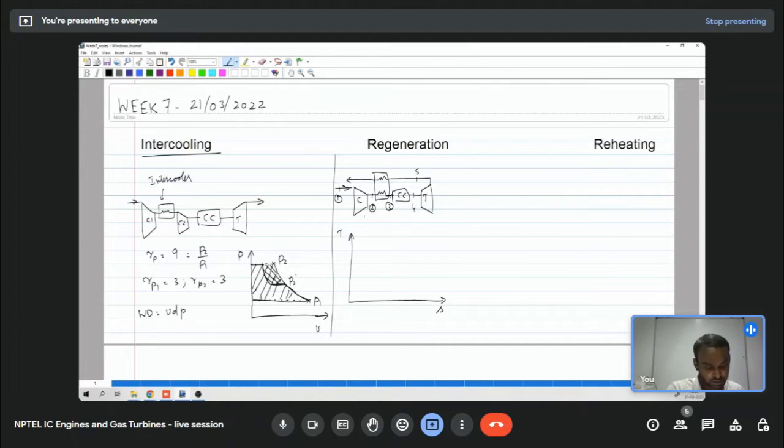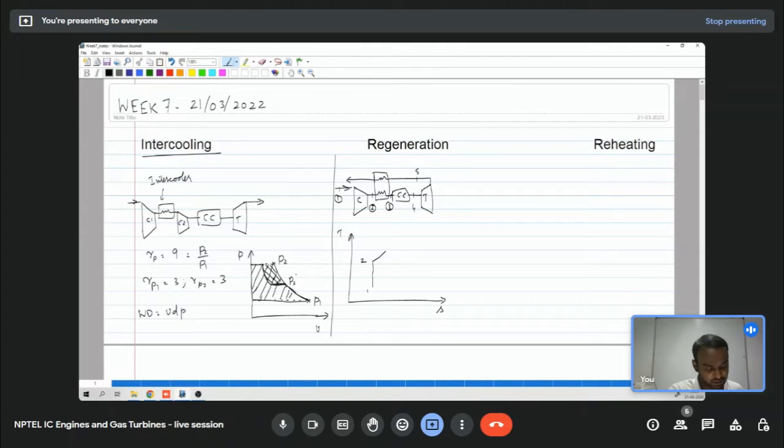First the compression 1 to 2 is an isentropic compression, so that will be represented by a vertical line 1 to 2, and then constant pressure heat addition is 2 to 3, which will increase the temperature and entropy like this, since it is a constant pressure.